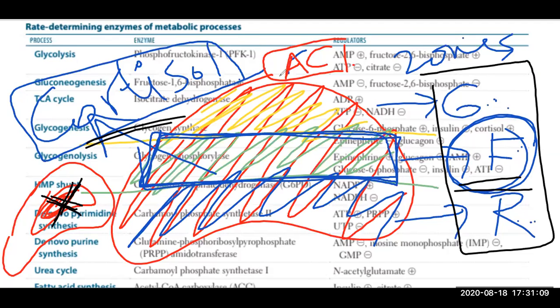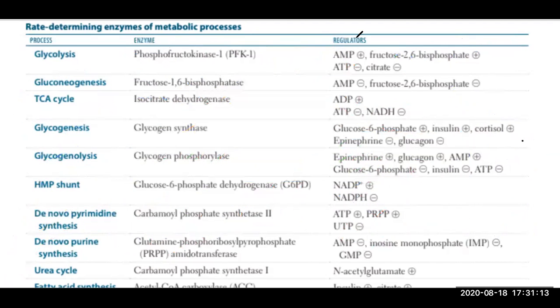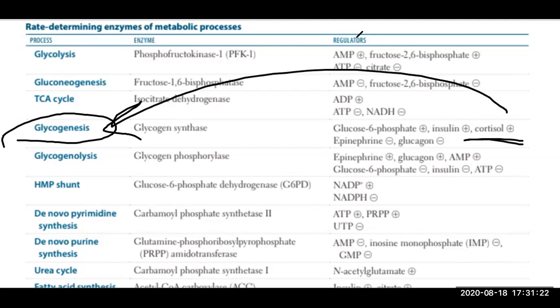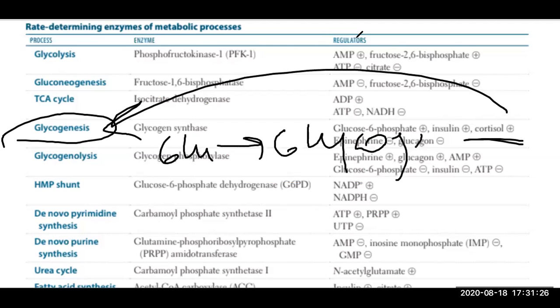Please remember. Now, what does cortisol do? The important thing, you can understand it from here. Cortisol is triggering the formation of glycogen. From glucose, you are making glycogen. Cortisol is triggering this process.